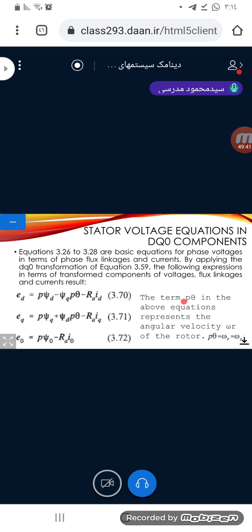The term p theta in the above equation represents the angular velocity omega r of the rotor. p theta is equal to omega r is equal to omega s.